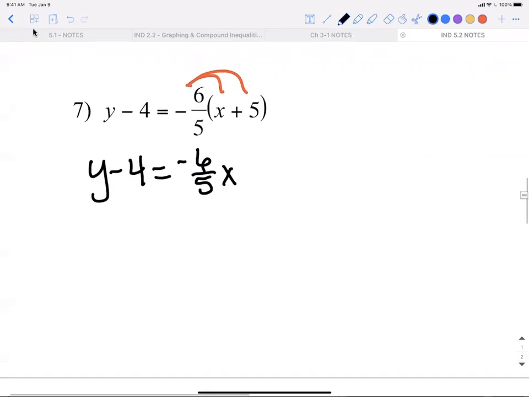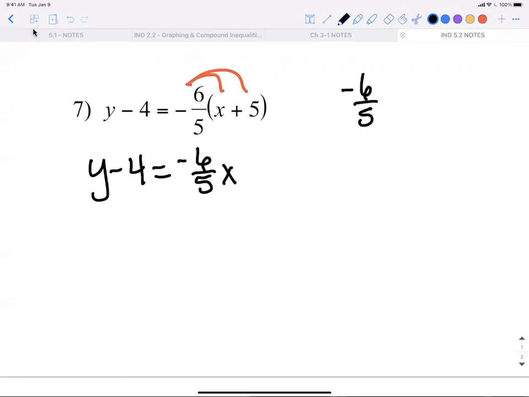Now, if you need to out to the side, that's fine, but you're also going to take that -6/5 times the 5 as well, because you need to distribute that fraction into both terms in the binomial. And the 5s cancel out, and you're left with -6. So taking -6/5 times that +5 leaves me a -6. And then the last step is always to, if there's anything, move it.